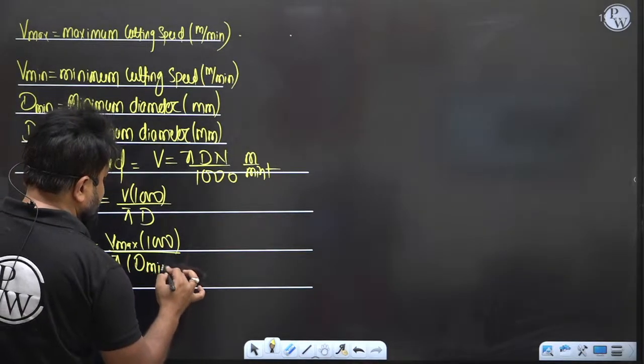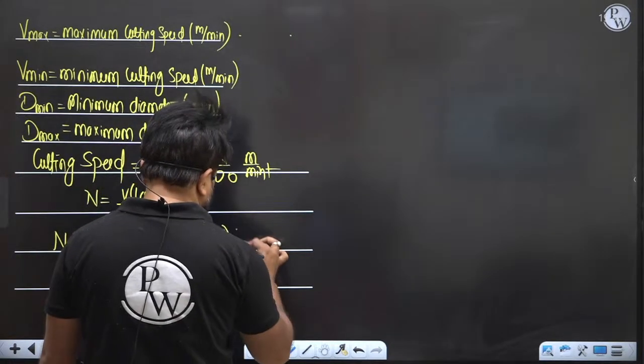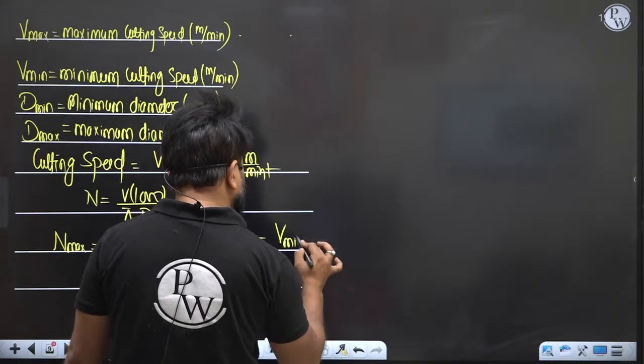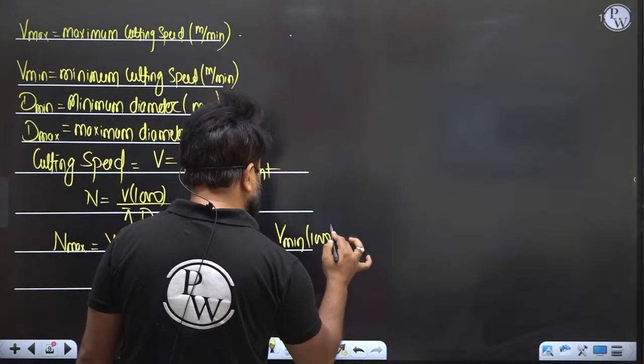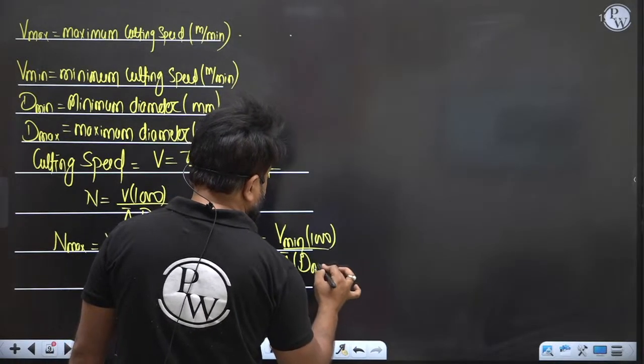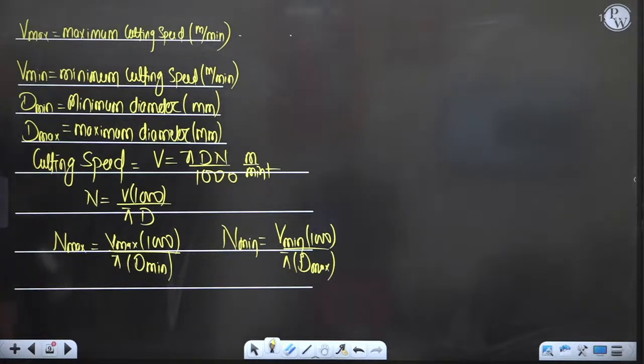Minimum. In that case, you will get nmax, right? And nmin, how can you get nmin? V should be your minimum, times 1000, divided by pi D. D should be what? Diameter of the workpiece should be maximum. Are you getting my point?